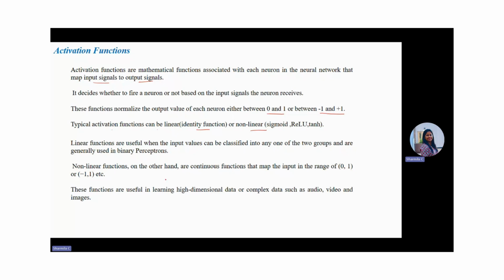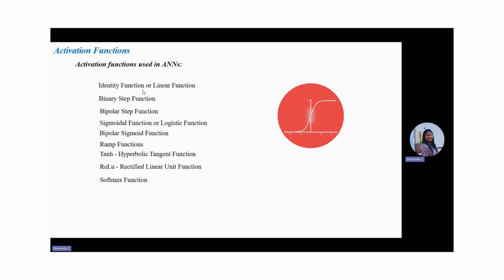These activation functions are useful in learning high dimensional data or complex data such as audio, video, and images. That's where the activation functions come into the picture. Now, we have different types of activation functions: identity function or the linear function, binary step function, bipolar step function, sigmoid function or logistic function, bipolar sigmoid function, then ramp function, tanh function, ReLU function, and softmax function.